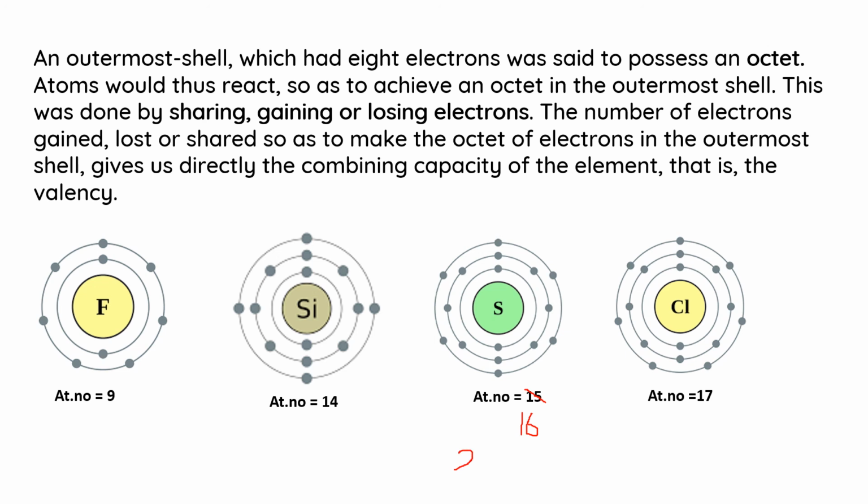The electronic configuration of sulfur is 2, 8, 6. This is the electronic configuration of sulfur, and this is the atomic structure of sulfur.